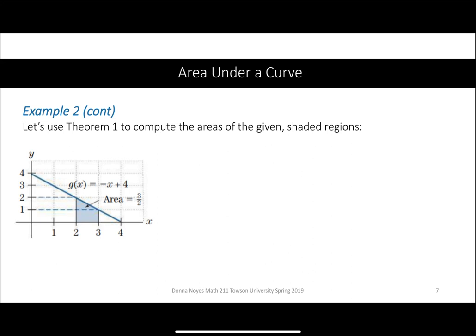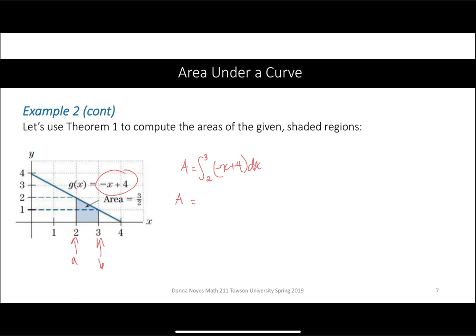And in this case, we want to find our area from 2, which is our a, to 3, which is our b. So our a is 2, our b is 3, and our function is negative x plus 4 dx. So we need to find the area under our curve by integrating negative x plus 4.